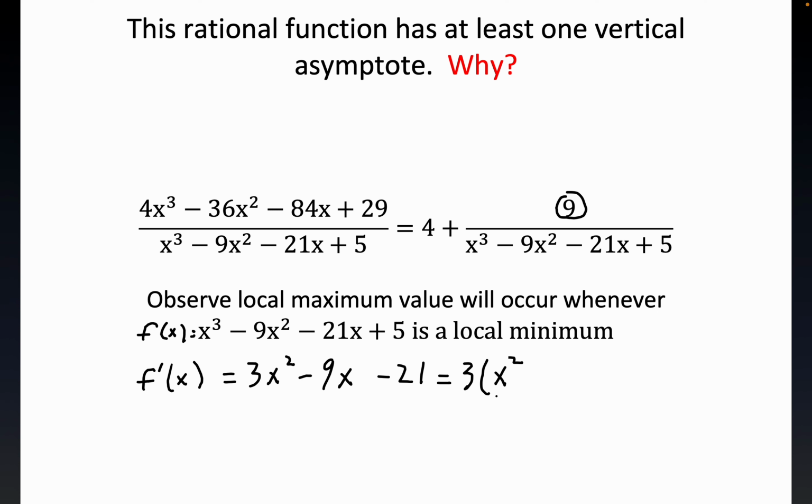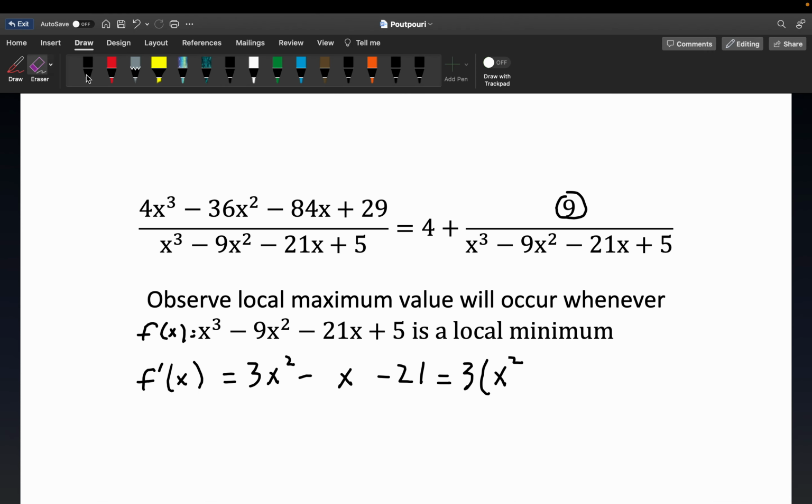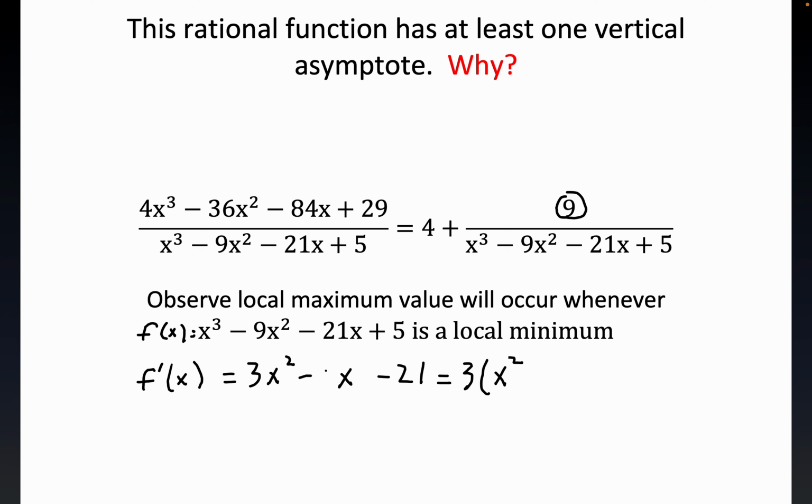No, that should be 18 right there, sorry. 2 times 9 is 18, so this is 18x, and then minus 21, which is the first derivative. This is equal to 3 times, and I'm going to factor this out, x squared minus 6x minus 7. Okay, so that's our first derivative.